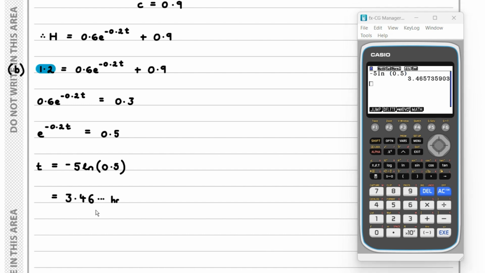We end up with 3.46 etc. hours. And to find out what this is in hours and minutes, well, if I take away 3 from this and then times by 60, we have 3 hours and 27.944 etc. minutes. In other words, we have 3 hours, 28 minutes to the nearest minute.